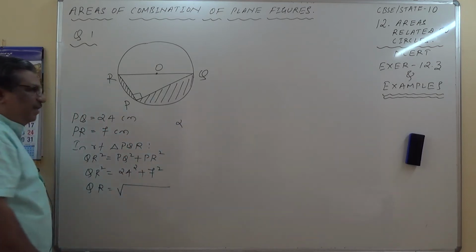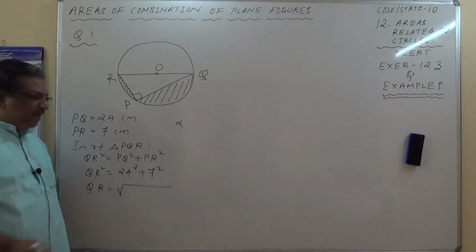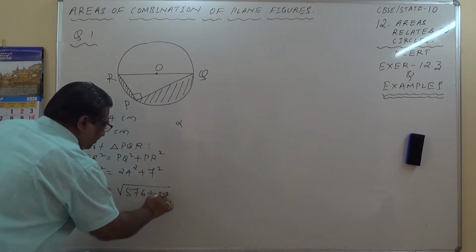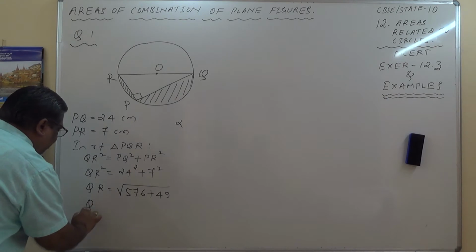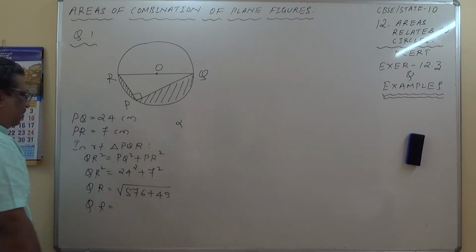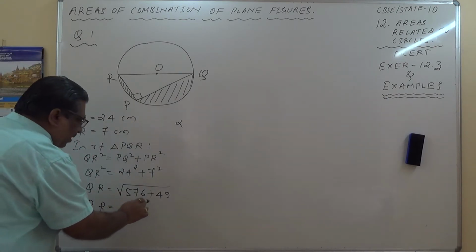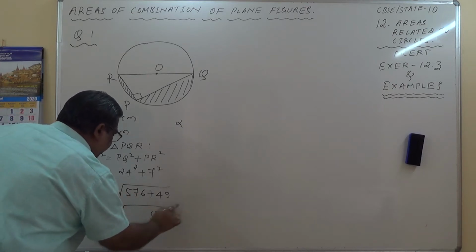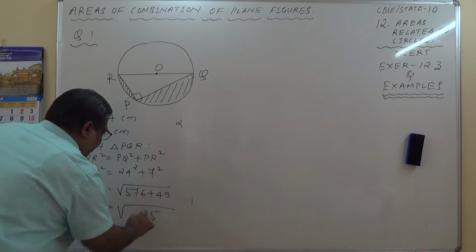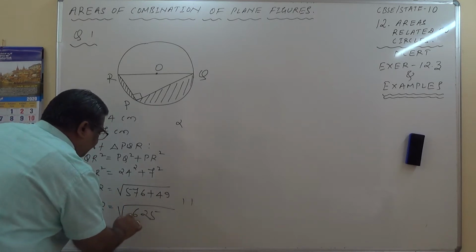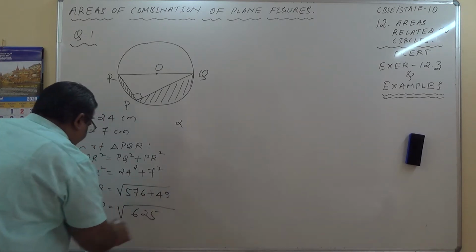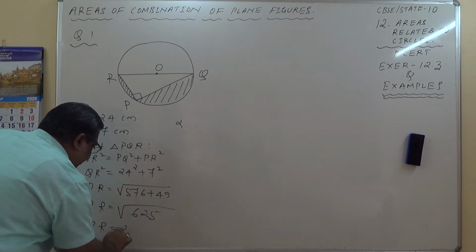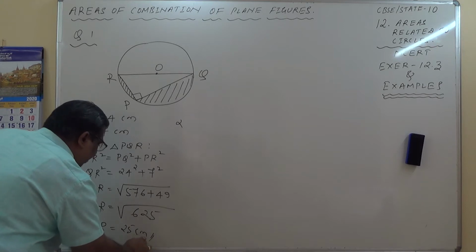24 square is 576. Check it. 576 plus 49. So QR is equal to under root of 625, and therefore QR is equal to 25 centimeter.